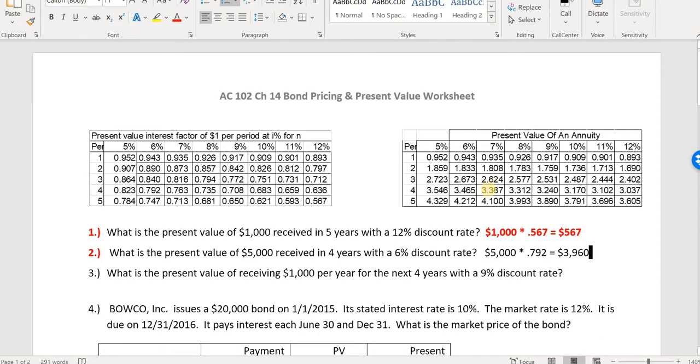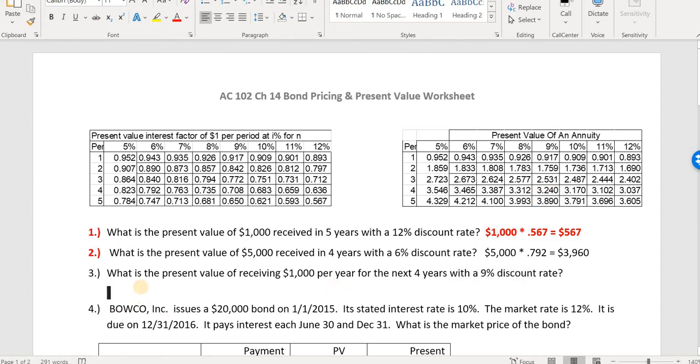I can only use the annuity table if I'm receiving the same amount in each payment. In this case, I am, $1,000 a year. So it's a 9% discount rate. I'm going to go to my 9% column. 4 years, my factor is 3.240.